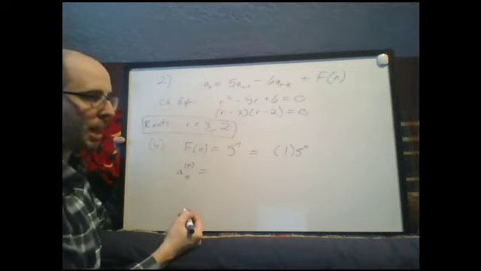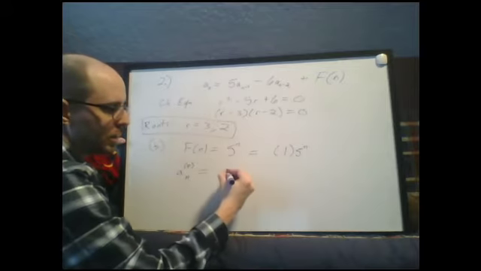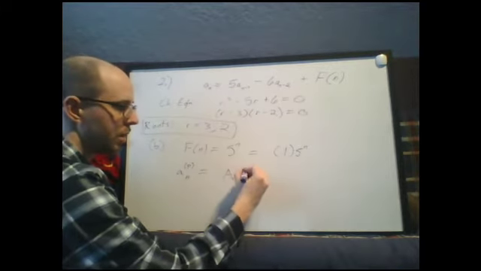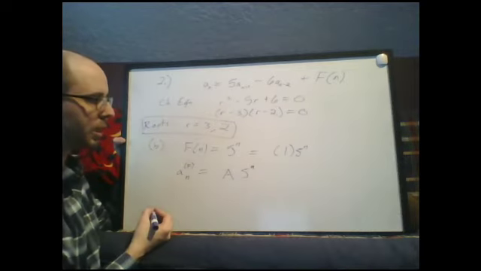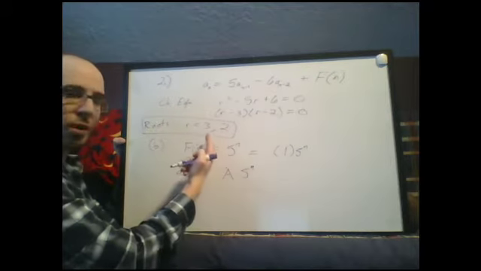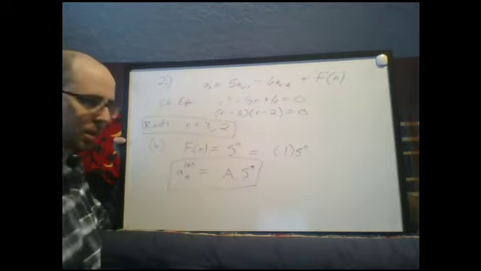So I want to match that. I want a degree 0 polynomial, so that'll just be a constant a times the same exponential expression. So a times 5 to the n. Then you have to ask the base, 5, is it one of our roots? And it's not. So this is APN.